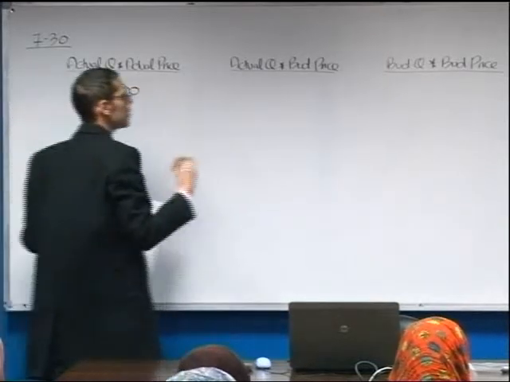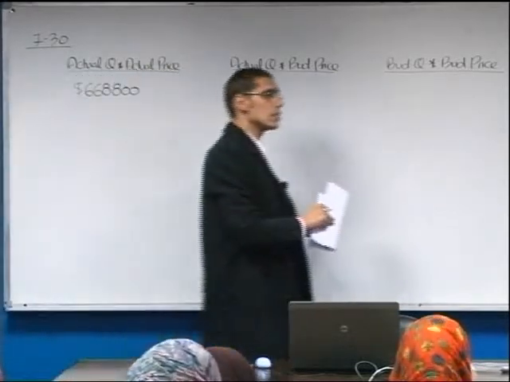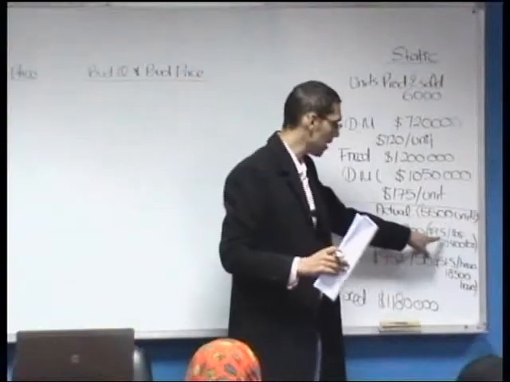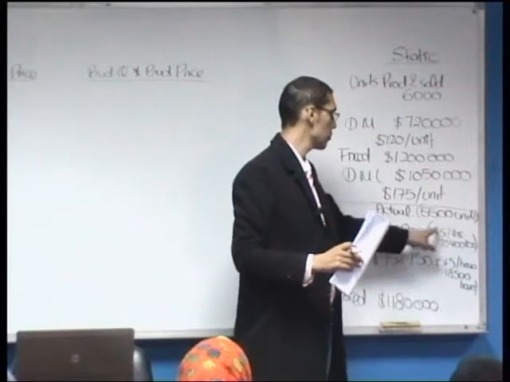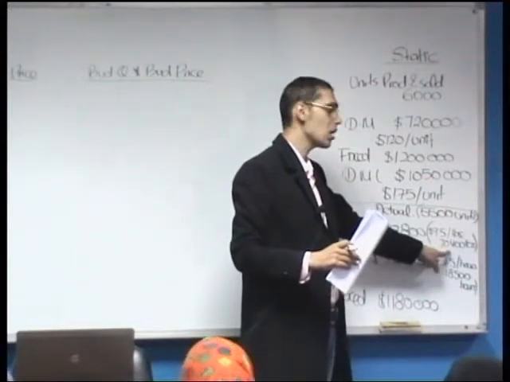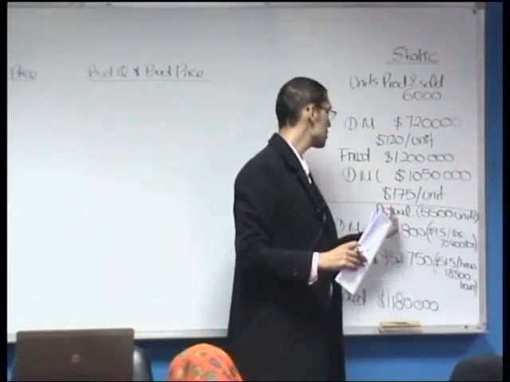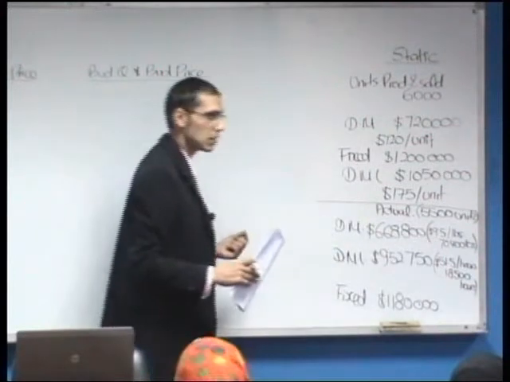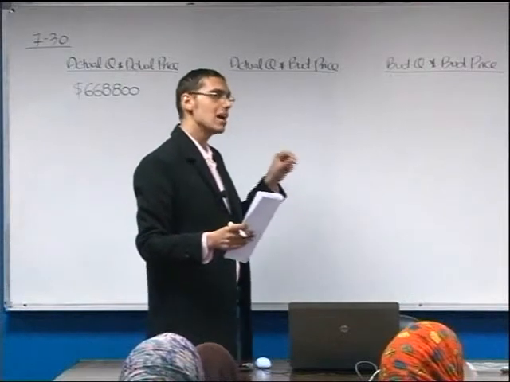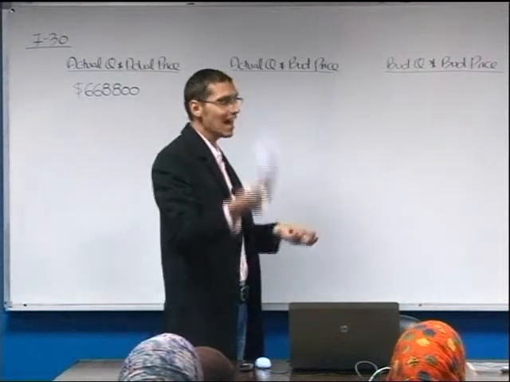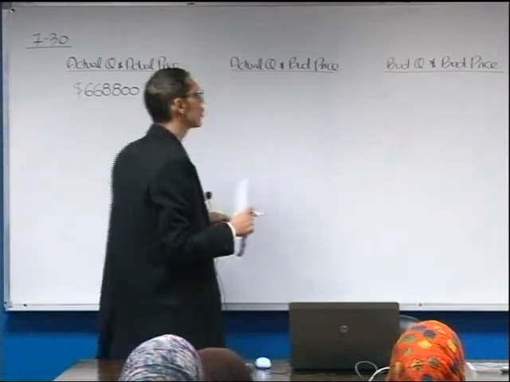Of course, if they didn't give us the actual number, we could calculate it according to the $9.5 per pound and the 70,400 pounds that were used. The 9.5 multiplied by 70,400 is the cost of the direct materials, 668,800. Therefore, even if the question didn't give us the actual amount and they gave us the quantity and the price, we could multiply the quantity with the price in order to get that cost.